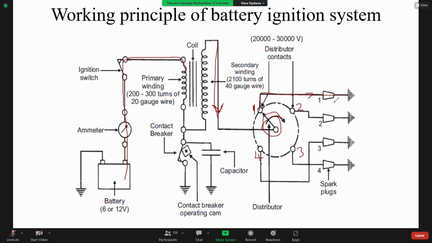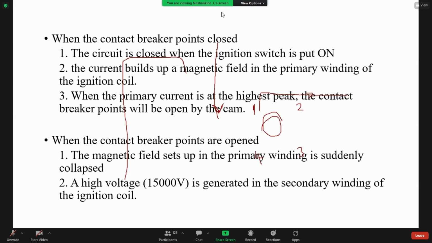Anyone, do you have any clarification? Here there are 2 stages. First, contact breaker closed, and contact breaker open. Here, this is the working principle. I already explained: when the contact breaker point is closed, the circuit is closed when the ignition switch is put on.